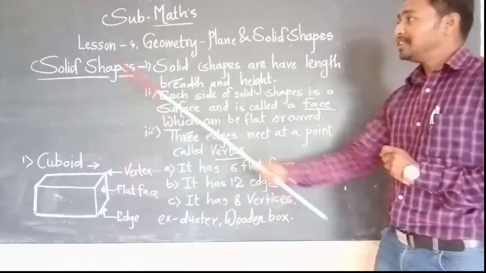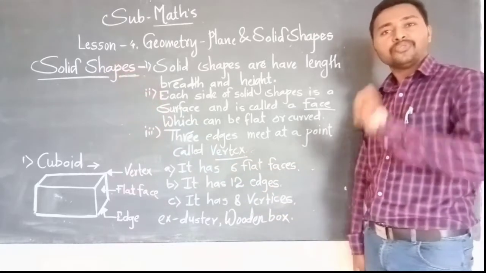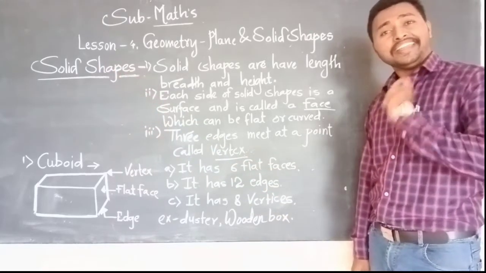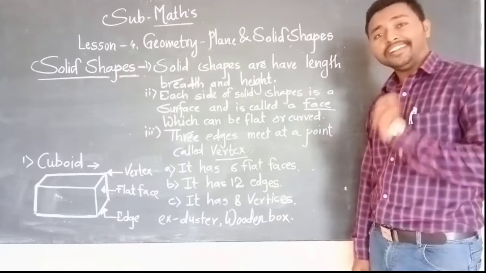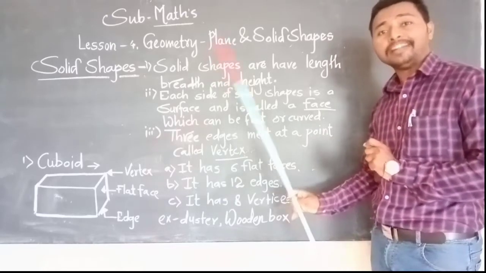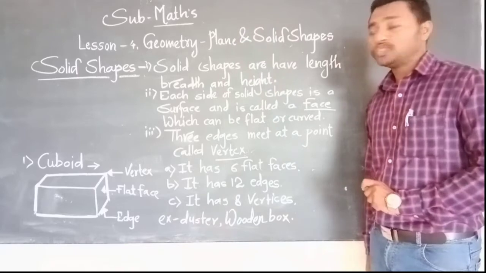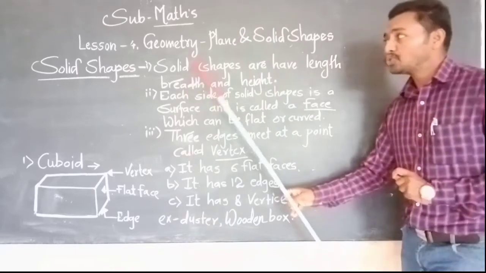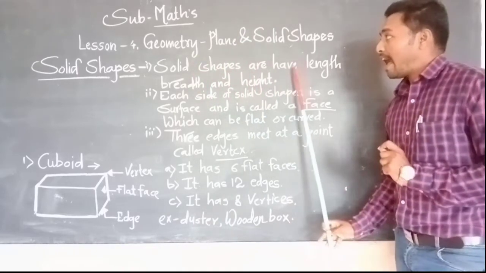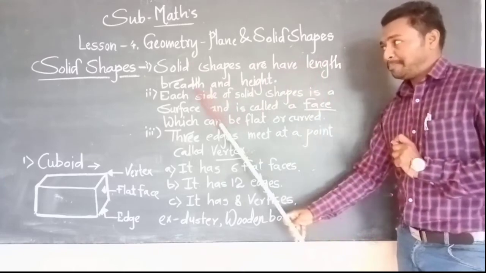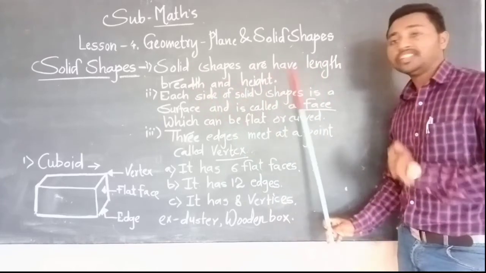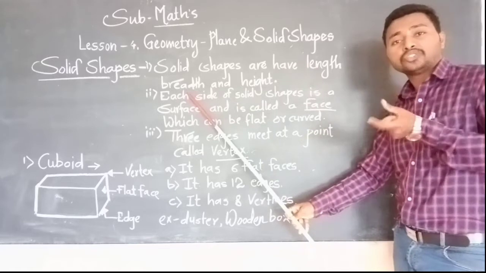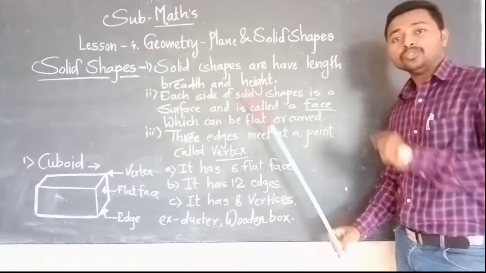Next point, solid shapes. We are going toward a very interesting concept in geometrical plane and solid shapes. Point number 1, solid shapes have length, breadth and height. Length यानी लंबाई, breadth यानी चौड़ाई, height यानी ऊंचाई.